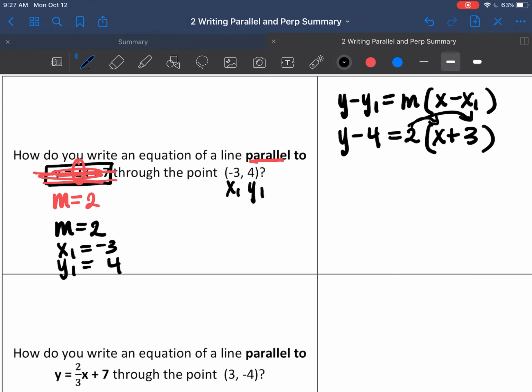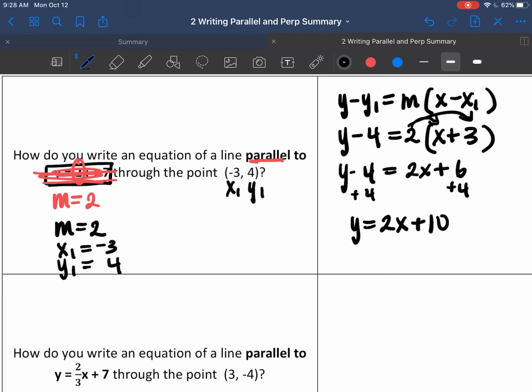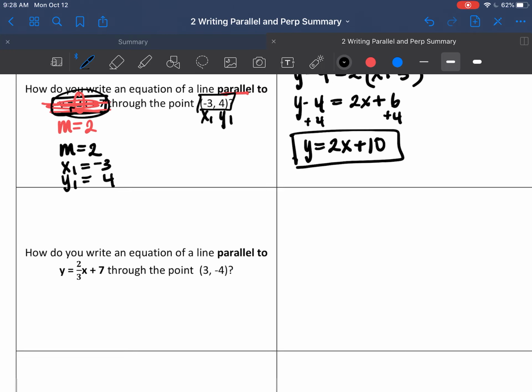And so it's in point slope form, but we can convert it to slope intercept form by distributing and then adding the 4 to both sides. Just in case all the answer choices are in slope intercept form, I always convert. Okay, so this line would be parallel to this original line that I'm not looking at anymore, and it would go through this point. And you could graph both of these just to verify.